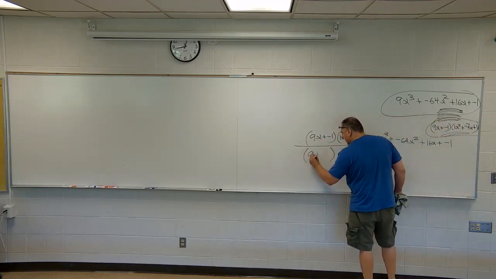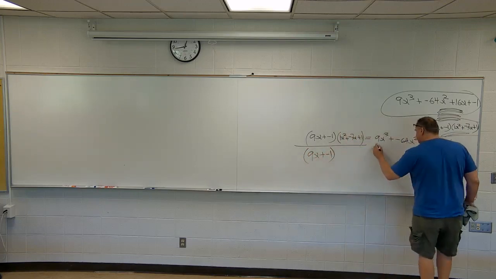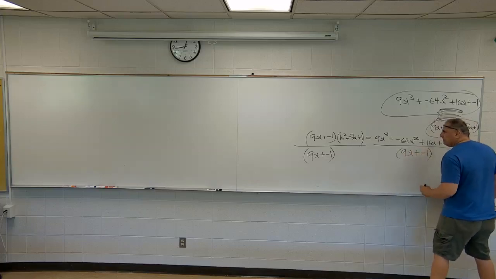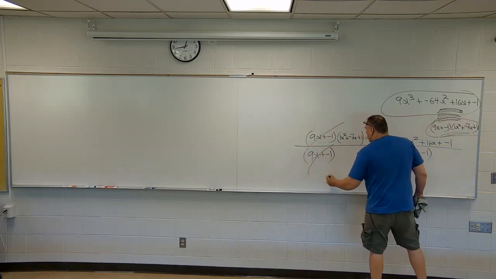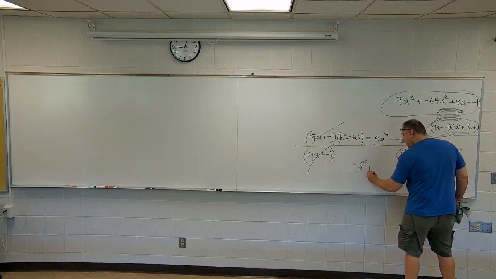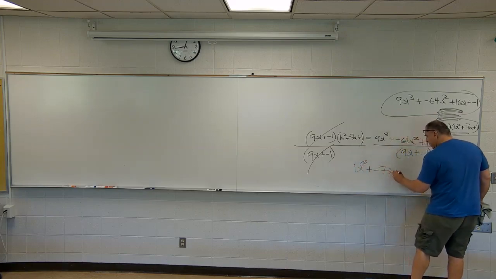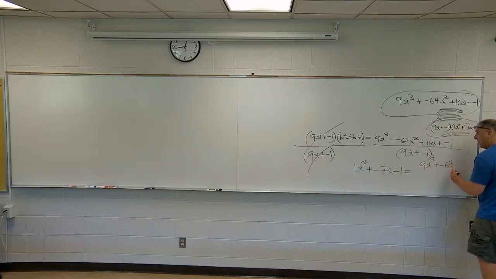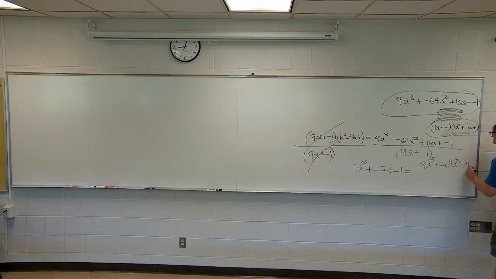If something's in parentheses, you guys, you can divide a whole chunk of it. That right there, 1x squared plus negative 7x plus 1 is equal to this whole thing divided by 9x plus a negative 1.